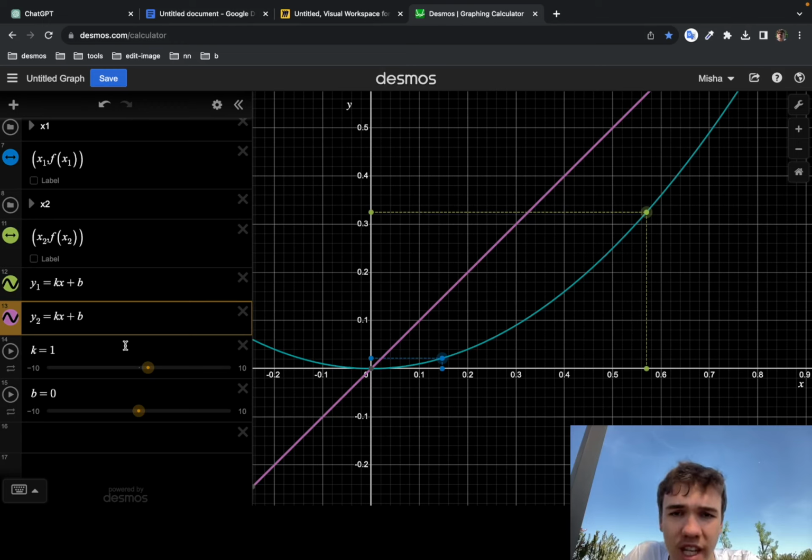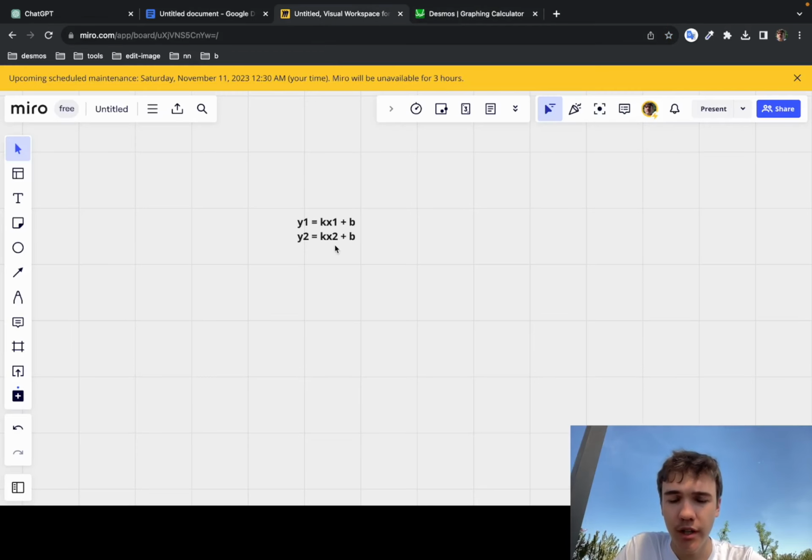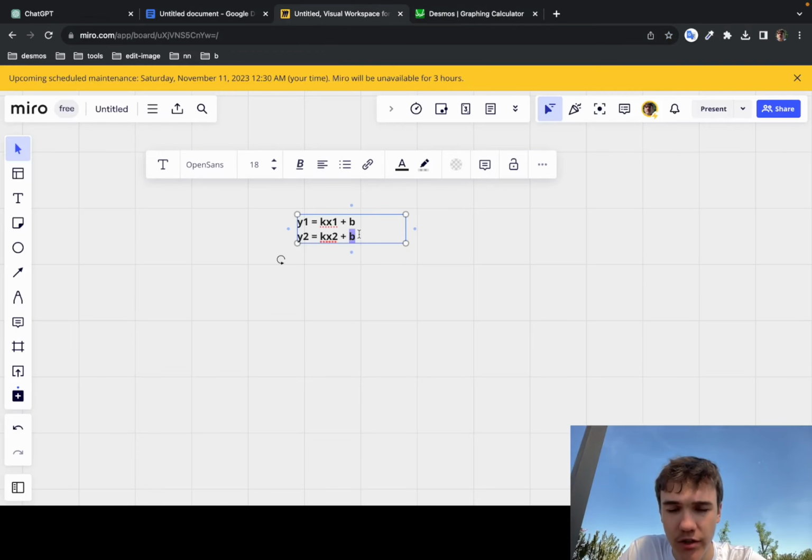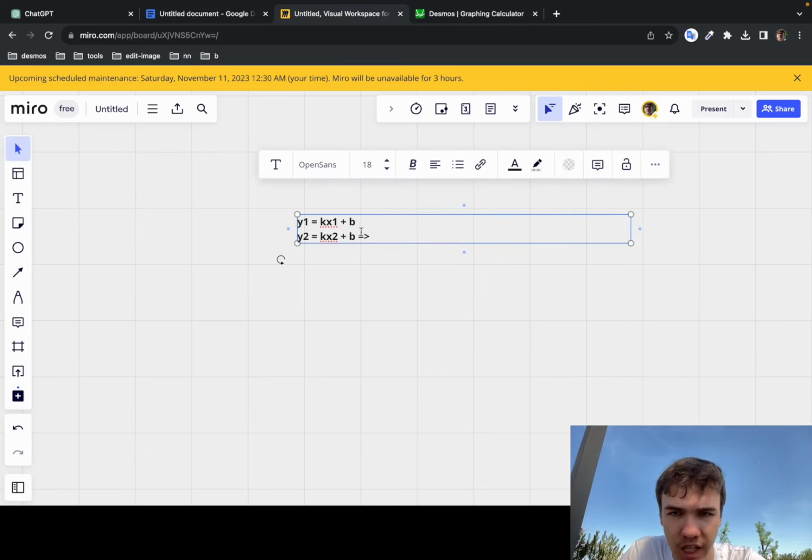So if they're the same, we can get b out of this function. I'll just show it to you. How to do this: we have this, and I want to say b is equal to.